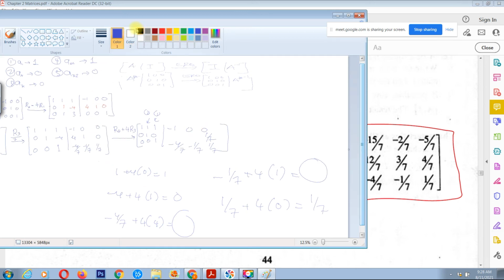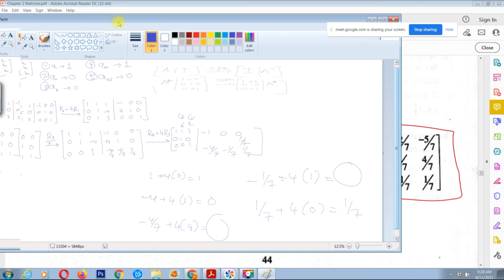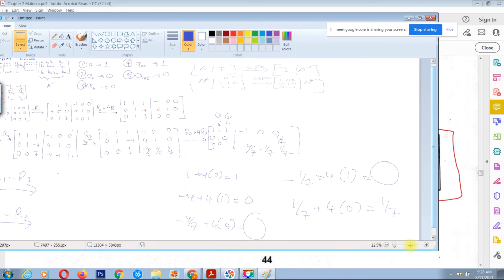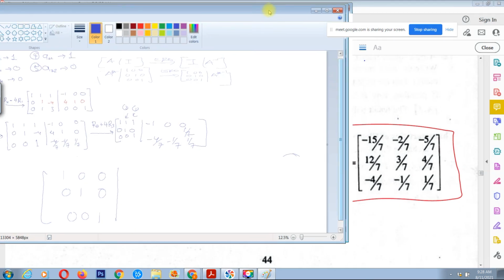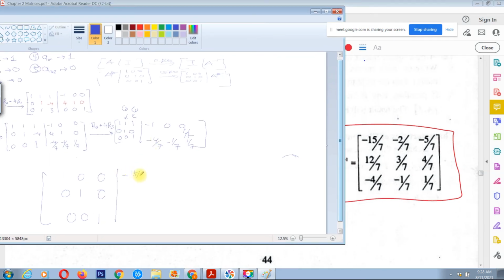What you get is 1 0 0, 0 1 0, 0 0 1, and then you will get this answer: negative 15 over 7, negative 2 over 7, negative 5 over 7, 12 over 7, 3 over 7, 4 over 7, negative 4 over 7, negative 1 over 7, 1 over 7.